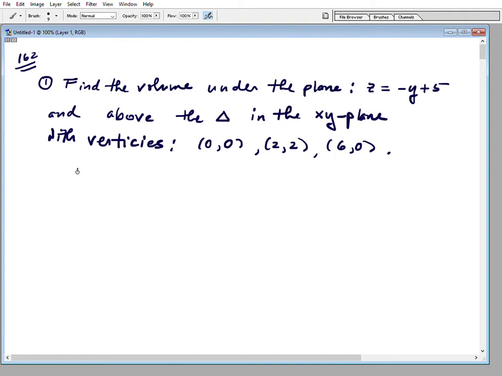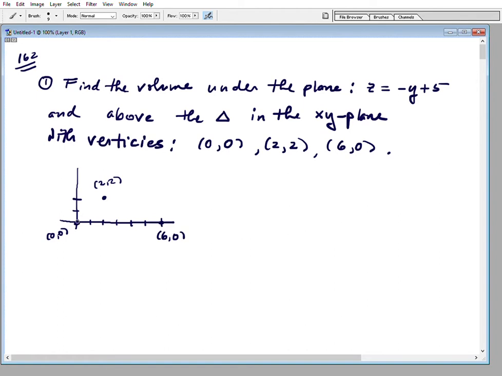All right, so in that way, that's how you figure out the order of integration and what the limits of integration are. So we're going to just put these points on: 0, 0, and then 2, 2 here, and then 6, 0.